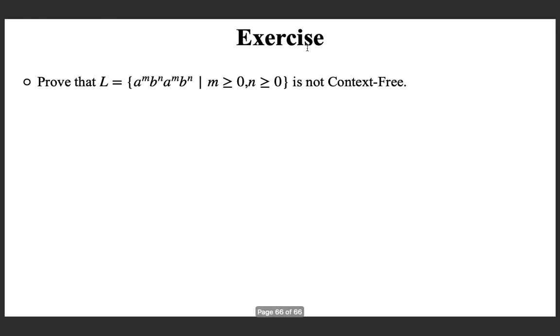With this, we are coming to the last part of the lecture, where I am giving you an exercise problem for you to practice and understand how you can apply the contrapositive of the pumping lemma statement to prove that certain languages are non-context free.